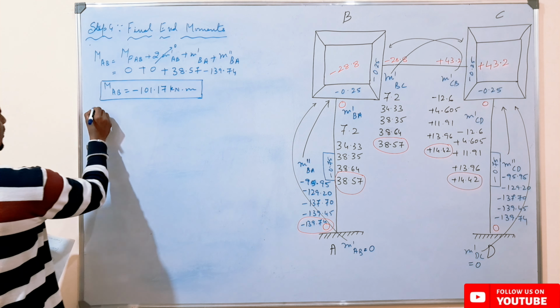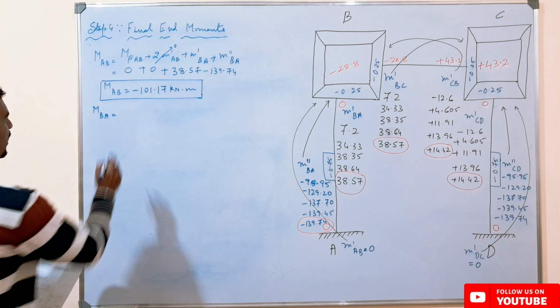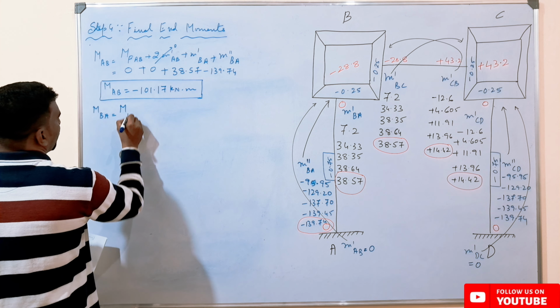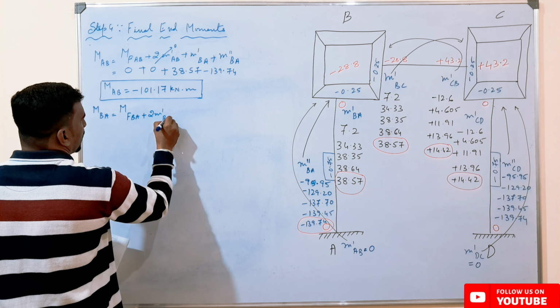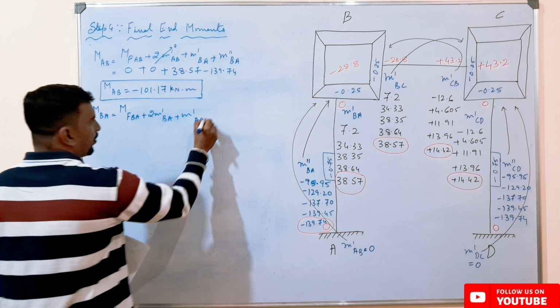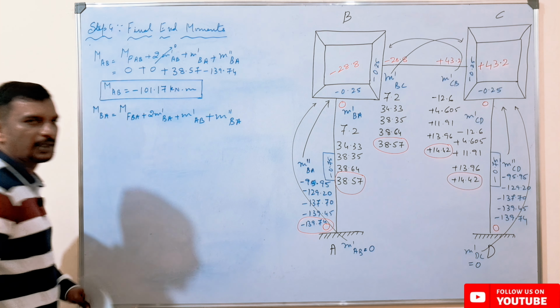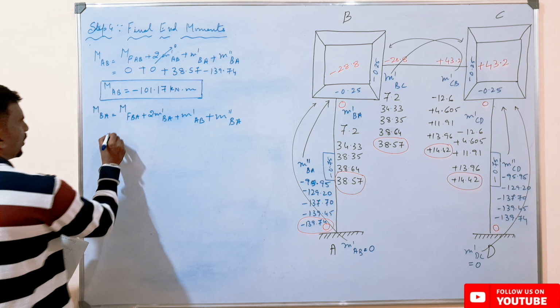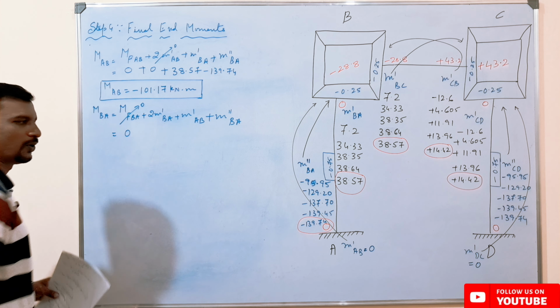So similarly for MBA, the final end moment from B to A, that is fixed end moment from B to A plus 2 times the rotation contribution about the near end plus 1 time the rotation contribution about the far end plus the displacement contribution M double dash BA. Now MF BA is 0 because we do not have any loading.